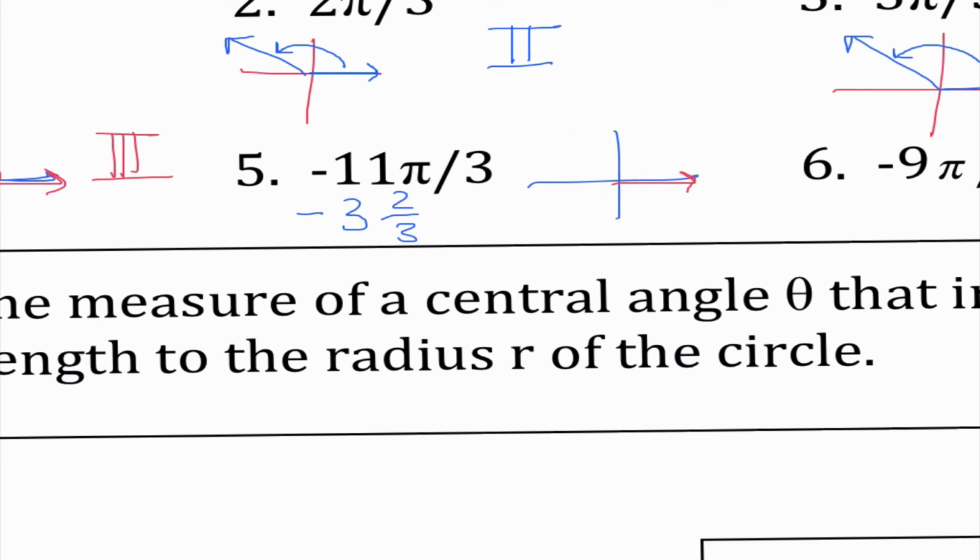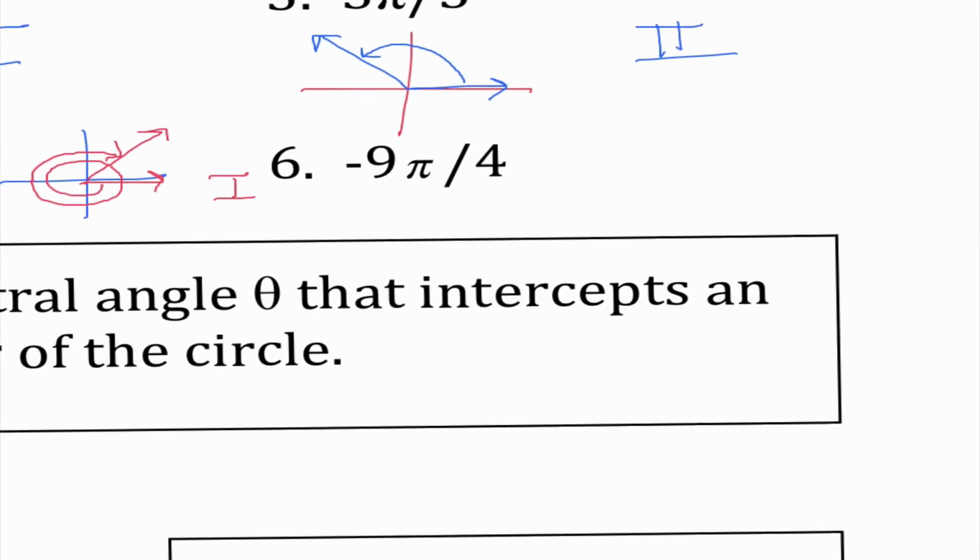So I'm going to move 1, 2, 3 semicircles would bring me to the negative x-axis. Now from there, 2/3 of a semicircle would bring me somewhere over here. So I'm going to go ahead and draw that, and I notice that it is in quadrant 1. So once again, I cannot stress enough, pi represents a semicircle.